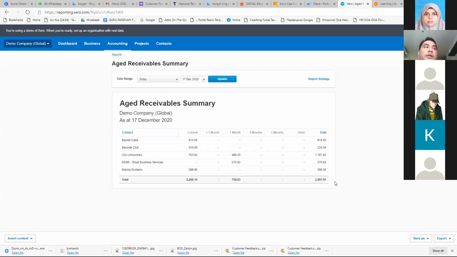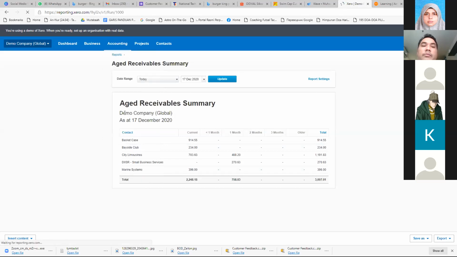If you are on a cash basis, this thing is not important to you. But if you are dealing with creditors, with suppliers, this is important so that you can check how much money you owe to people, so that you are not using your supplier's money to buy a PS5.